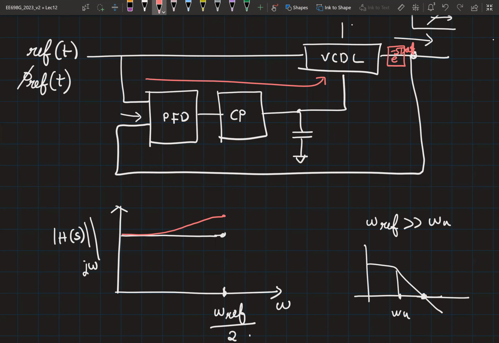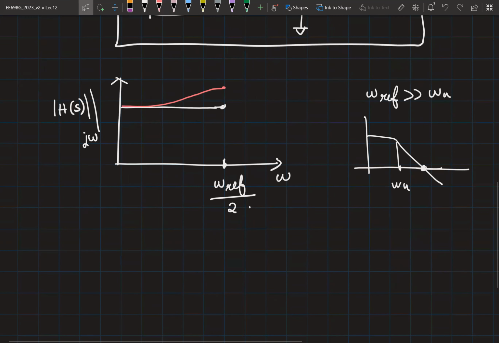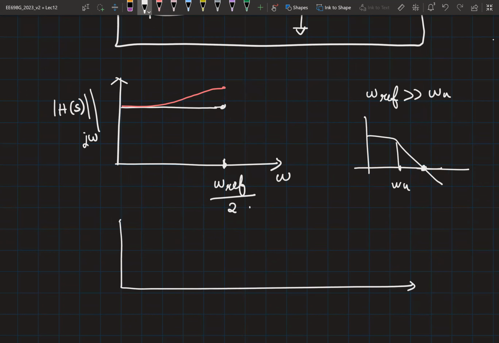This is okay. Now, this is about the model. So Pankaj had asked an interesting question last class. Whether this behavior, so I'm looking at the magnitude of H of s at s equal to j omega. Now, this is a DLL. Nothing is preventing me from giving a phi ref at different frequency and looking at the phase information at the output.